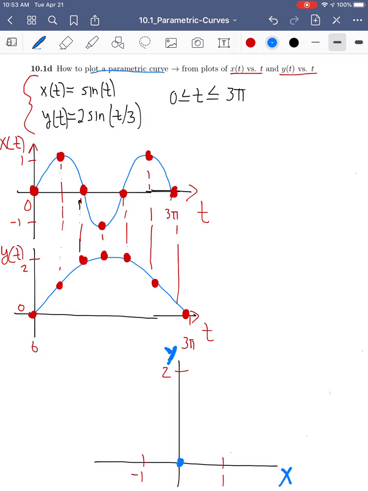That's just the first point on our plot. x equals 0 and y equals 0 when t is equal to 0. And then as we march to the next point, we see that x is going to a value of 1, and y is going to a value, actually it looks somewhat close to 1, but y is also increasing in some way.